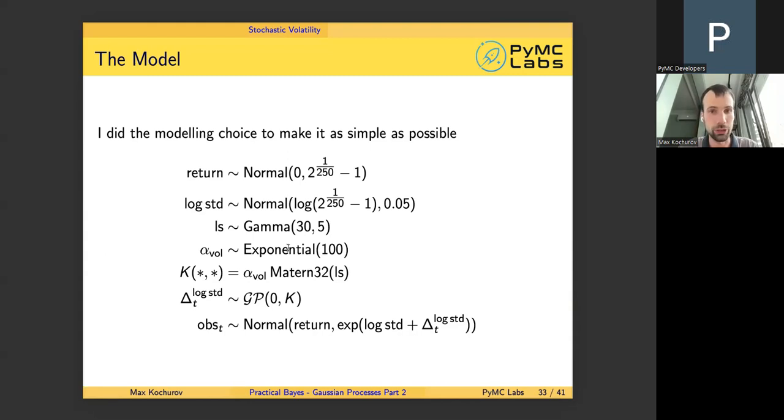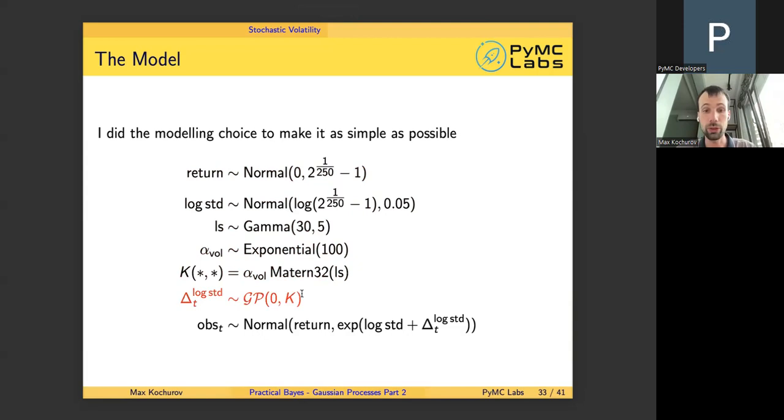The number of days in the whole period is huge. So when we go through this whole model and work out the Gaussian process, the covariance matrix is huge. And if we don't use any approximation or optimization over the Gaussian process, we just wait a couple of days and see how it goes with sampling, then go take another cup of tea.